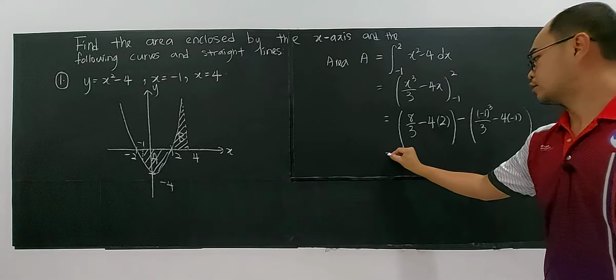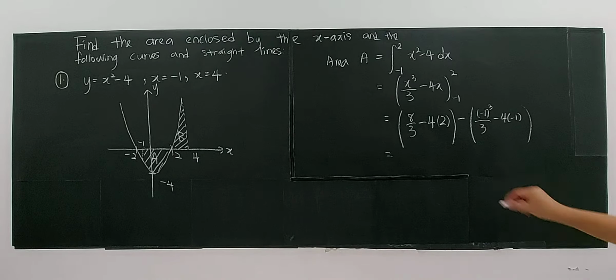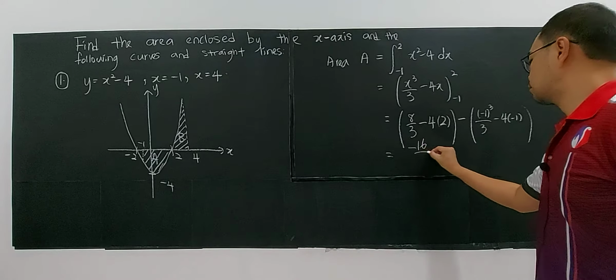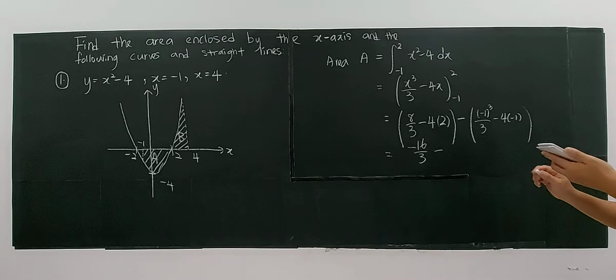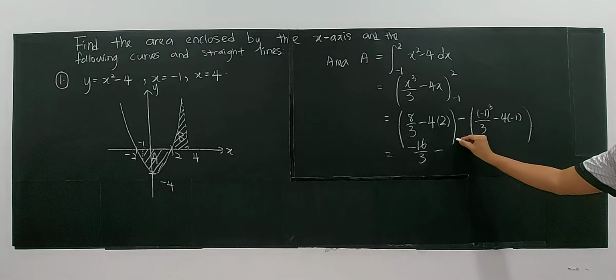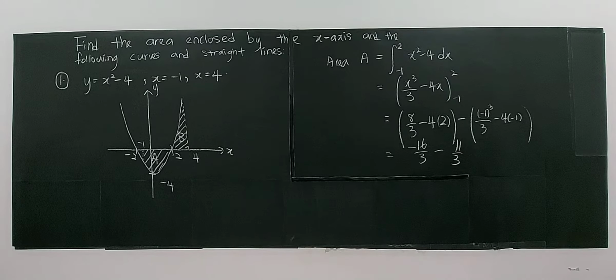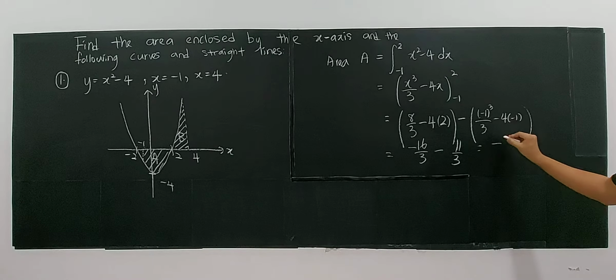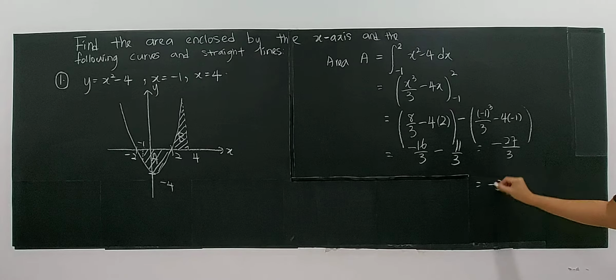We get negative 16 over 3, minus negative 11 over 3, which gives negative 27 over 3, which is negative 3.